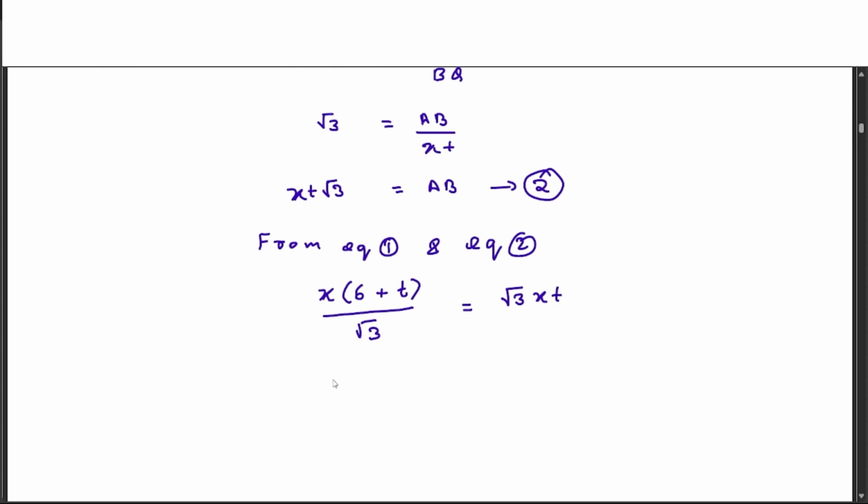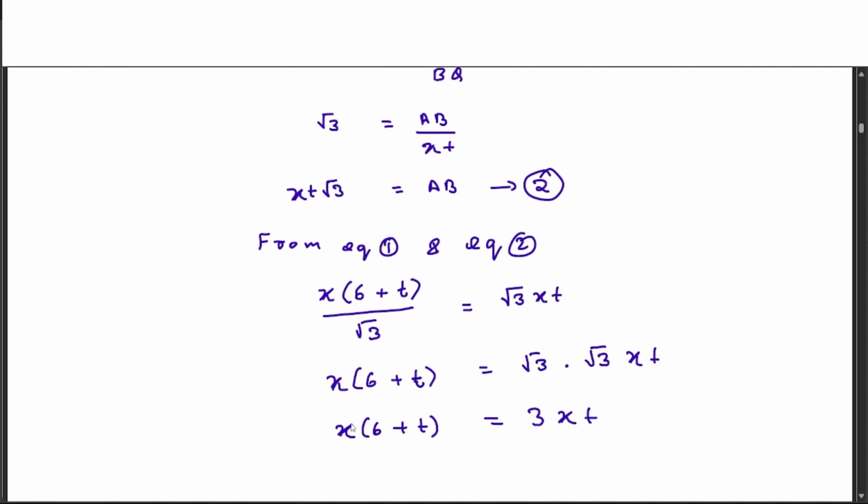Now we can do the cross multiplication. So x times (6 plus t) is equal to root 3 times root 3 xt. So how much will you get here? x times (6 plus t) is equal to 3xt.